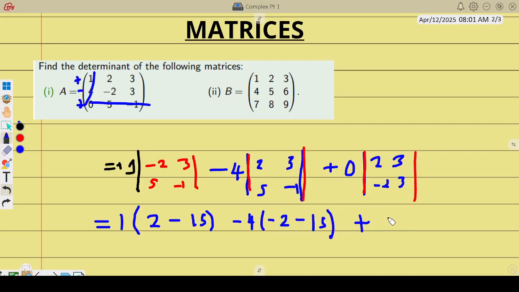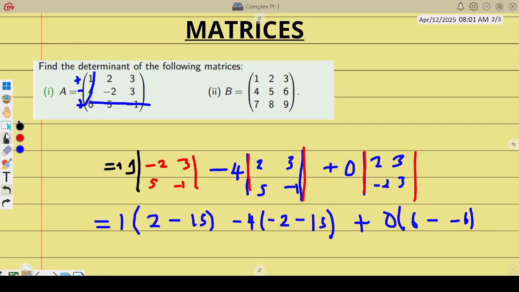Plus 0, 2 times 3, 6, negative 2. Maybe I'm being so slow. You can just pause, but let me finish here. 6, and then minus 2 times 3, it's negative 6. So always be careful when there's a negative, you have to show it so that you know that they'll cancel.